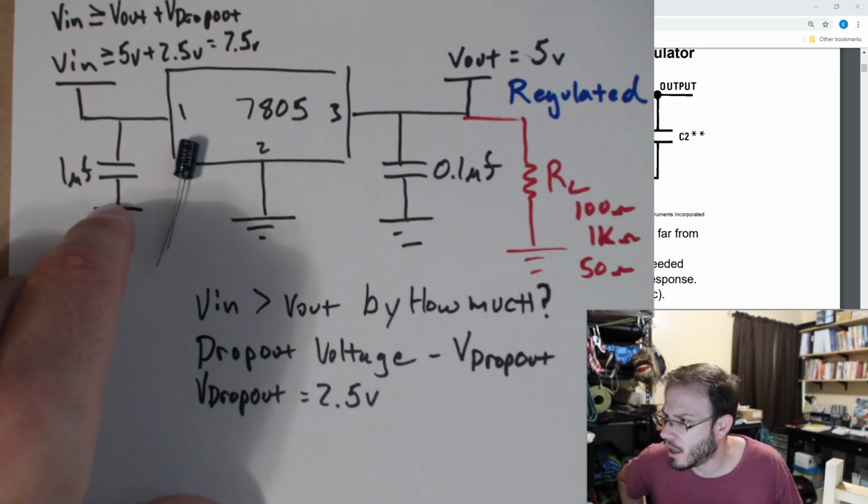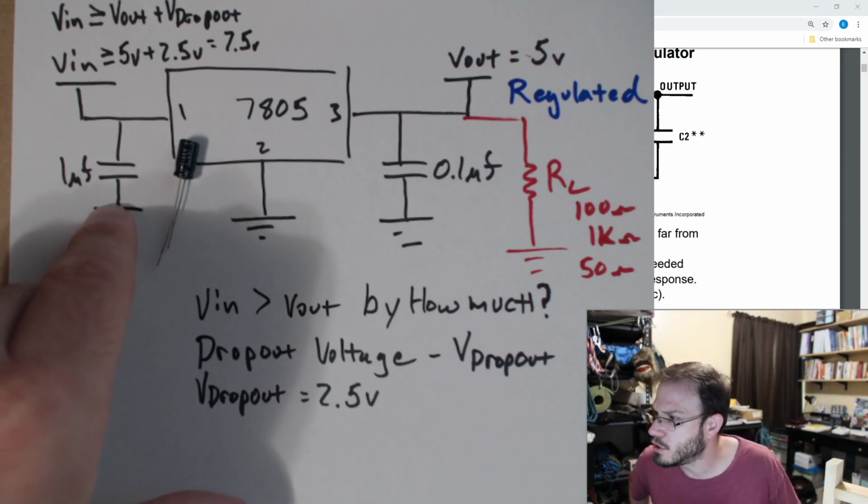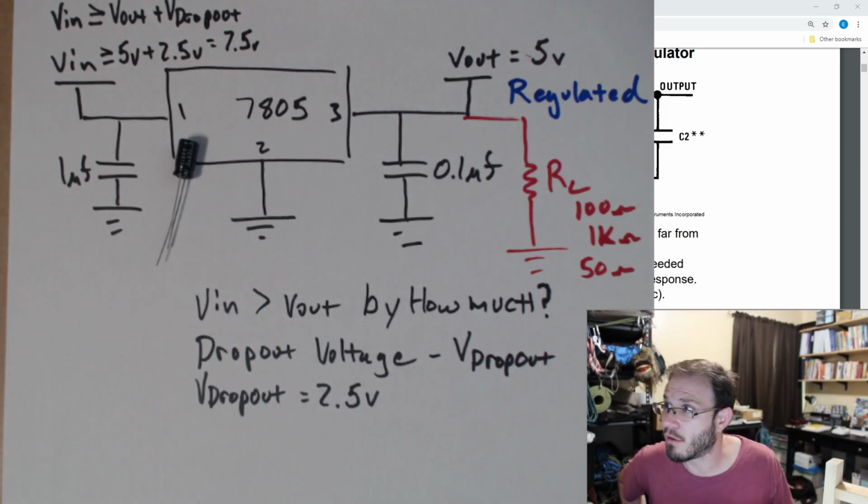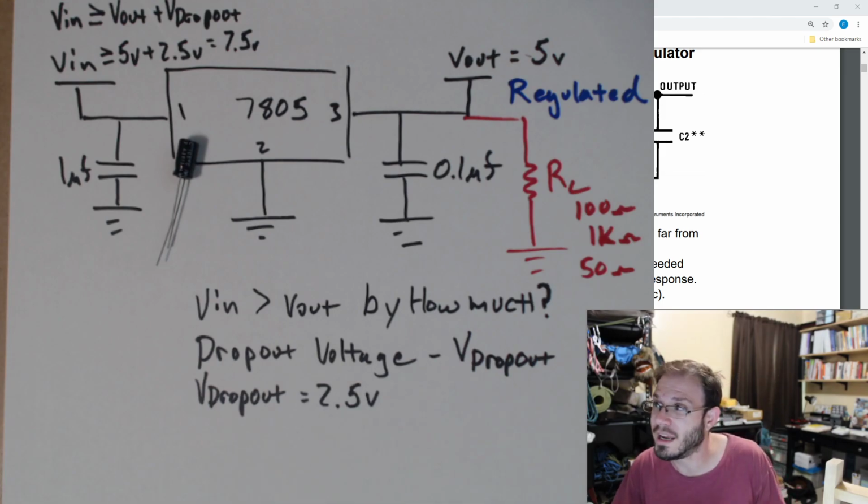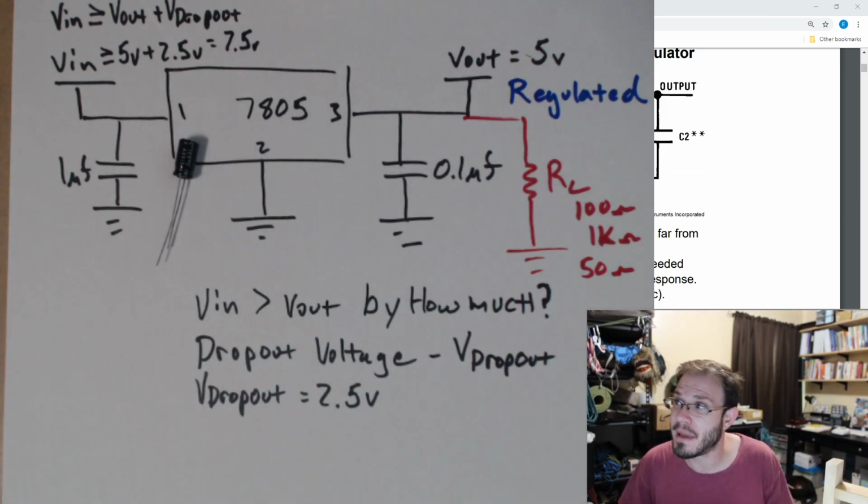Yeah, sorry, somebody asked me, is the dropout voltage going to be given? Yeah, I gave that dropout voltage, 2.5 volts. We're going to take that for all of our regulators and make it easy. Depending on different use cases, your regulator might have a dropout voltage of like 2.3 volts. It might be 2 volts. To be on the safe side, we're just going to take 2.5 volts as a general rule of thumb.